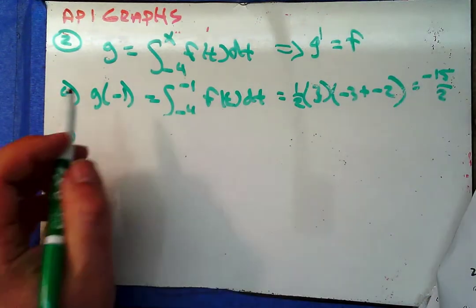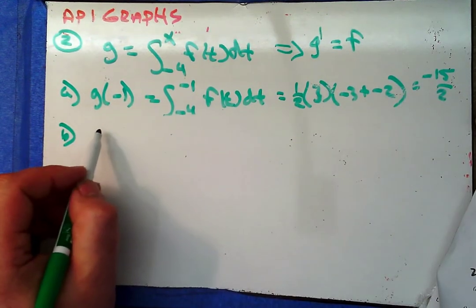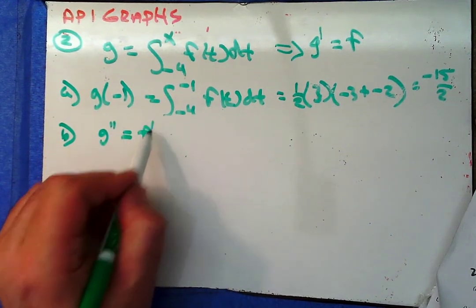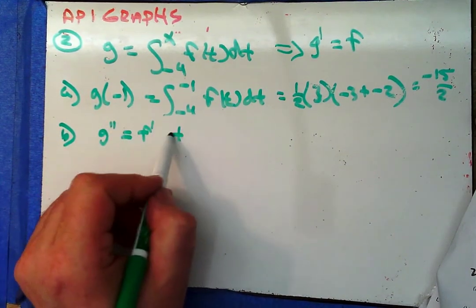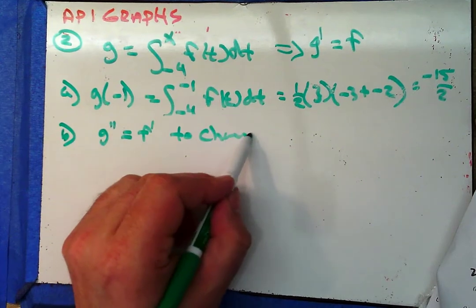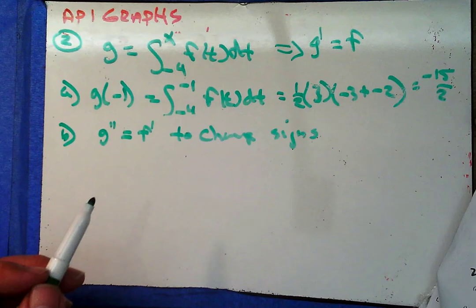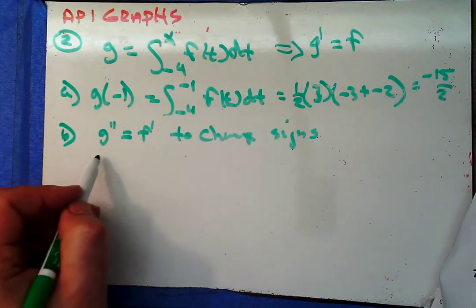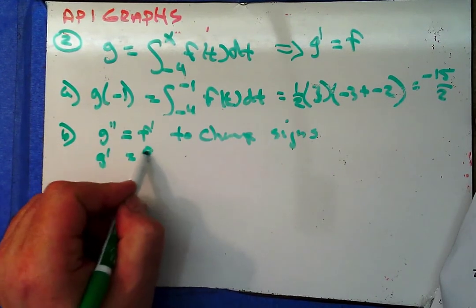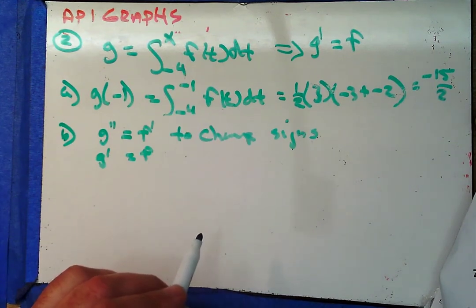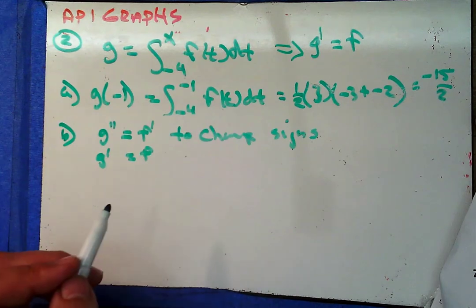Well, remember what we said in the last problem, that we'd be looking for G double prime equals F prime to change signs, but they didn't give me a graph of F prime, they gave me a graph of F, and so G prime equals F is really what I want to appeal to here to guarantee that I get the justification point for this.